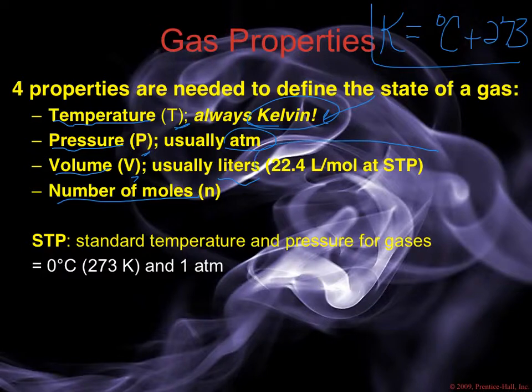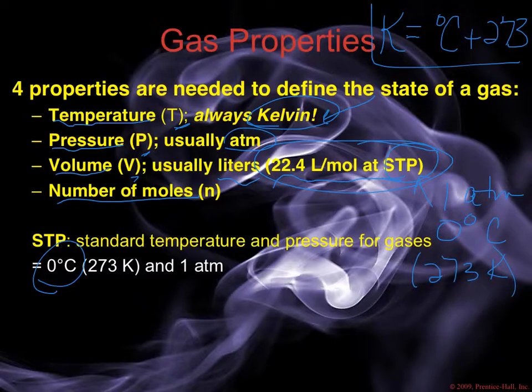This is an equivalency. You'll get familiar with this unit, 22.4 liters in 1 mole at standard temperature and pressure. What that tells you is that every gas, if it's at standard temperature and pressure, and we just learned standard pressure is 1 atmosphere, standard temperature is 0 degrees Celsius, which is the same thing as 273 Kelvin.